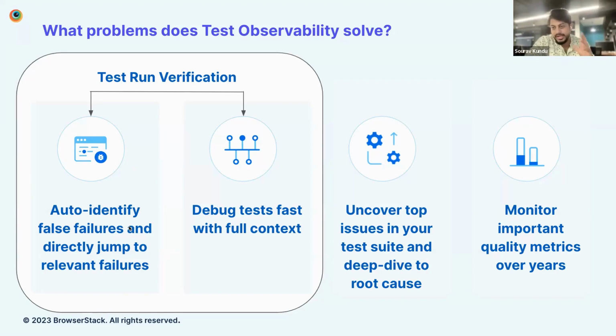Bucket A would be auto identifying false failures and letting you jump to the relevant failures, and also understanding the root cause of failures. Once you've identified that this is a genuine failure, it will also help you debug exactly what is happening, not just that it's a genuine failure.